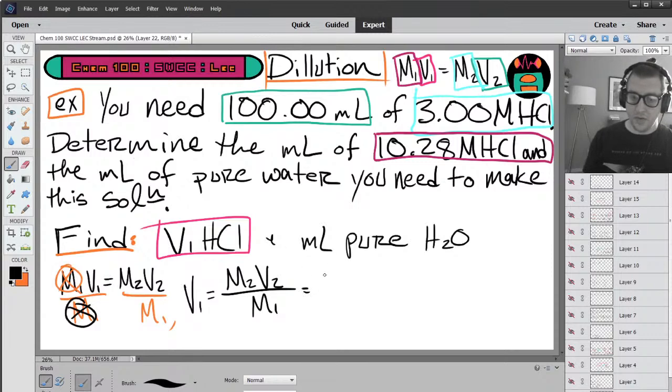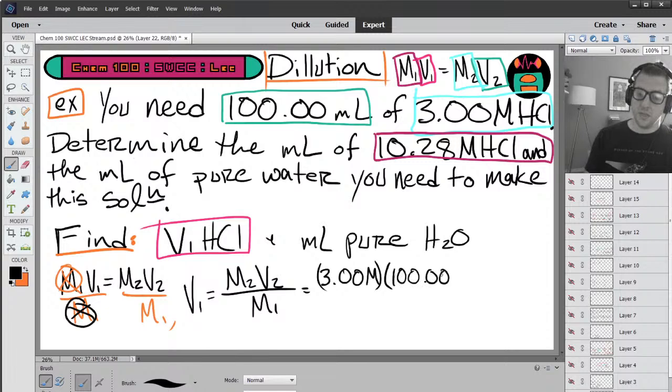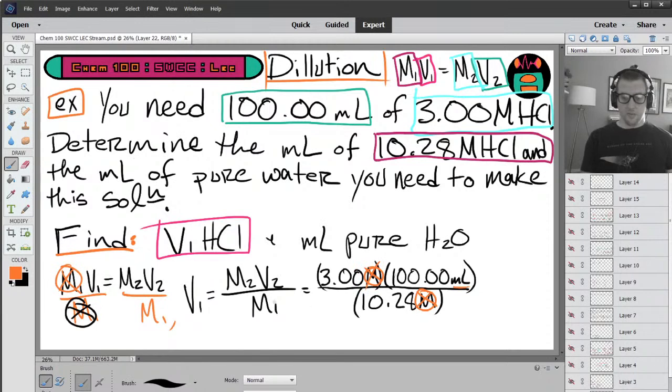Our final molarity is 3.00 molar. Our final volume is 100.00 milliliters. And our initial molarity is 10.28 molar. And you'll notice that molarity cancels molarity, and we're trying to find milliliters, so that is totally fine. So 3 times 100 is 300 divided by 10.28.